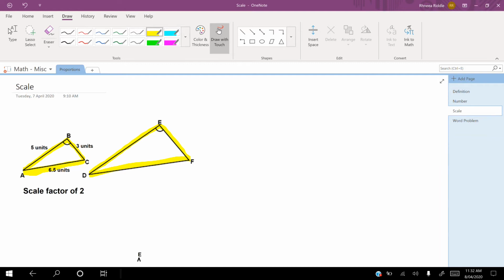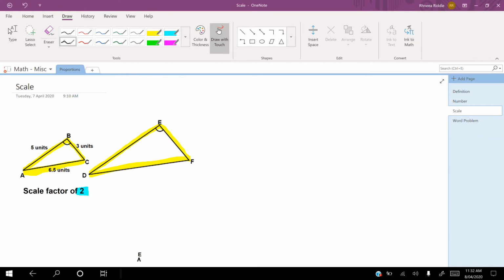So to be able to scale or enlarge this ABC triangle, they multiplied each side by this 2 here. So that is what our scale factor is. So to find the length of each side, we're going to have to multiply each side of the ABC triangle by 2 to find the lengths of each DEF triangle.